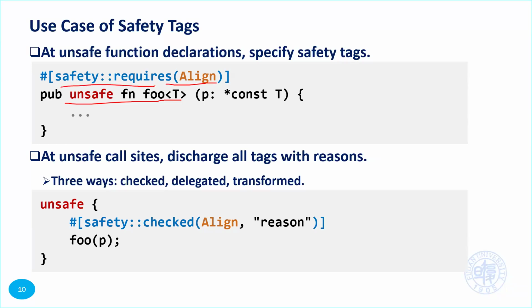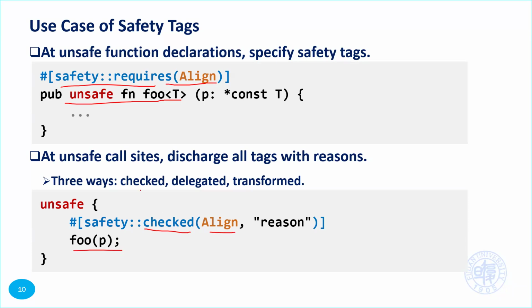So we use safety requires. And at an unsafe function call site, we should discharge the safety tag. In this case, we say the alignment requirement is already checked, so it is safe.